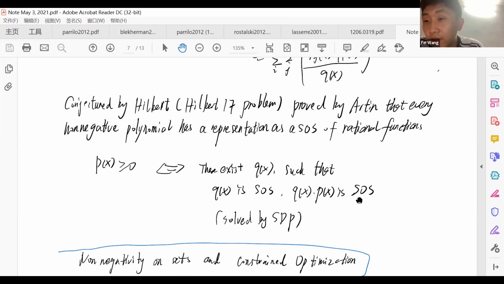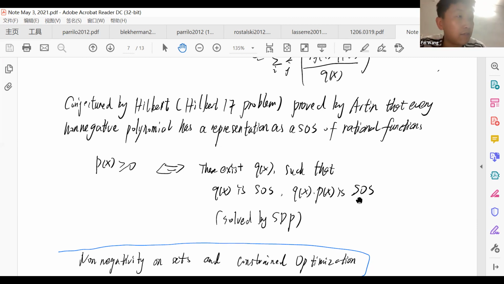But of course, we don't know the degree of q(x). So the degree of q(x) could be very large. So in practice, first we fix the degree.